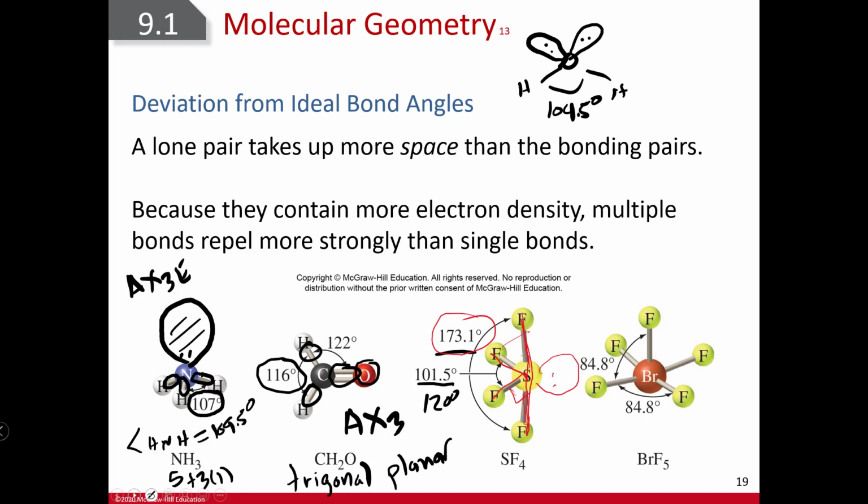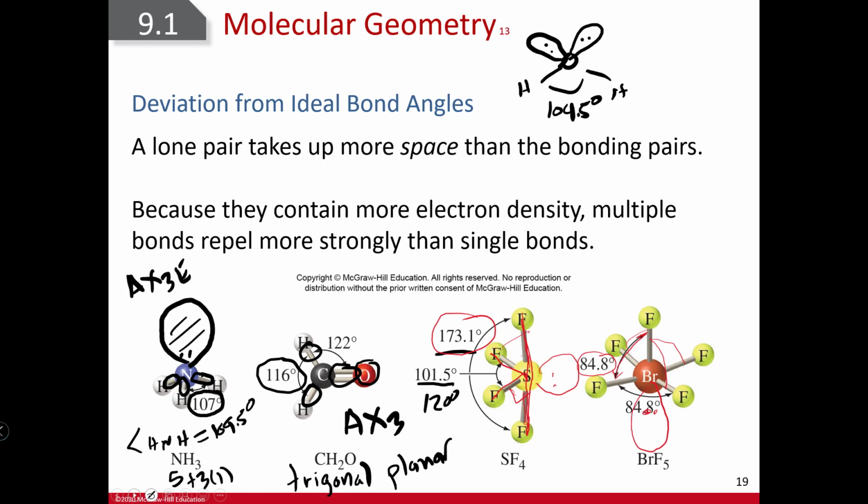So just like this one, there's a lone pair down here on bromine in this area. Notice it forces the axial fluorines closer to the equatorial fluorine, and it forces it by 5.2 degrees there. 5.2 degrees on each one of these.